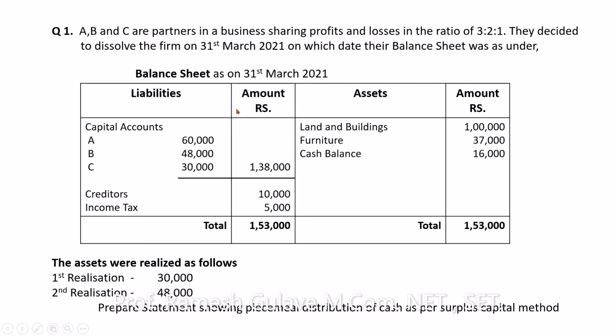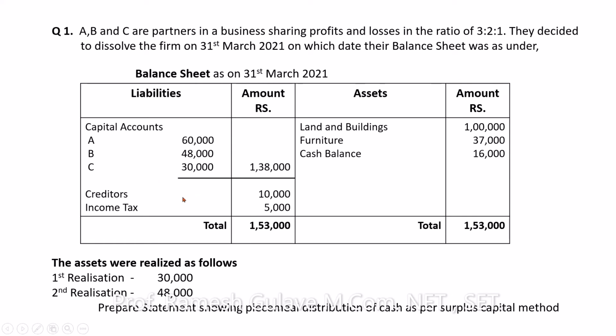Okay, so one more time I would like to tell you that in this process of piecemeal distribution of cash, we have to pay the liabilities, right? And that's why make sure that you make a column for every liability in the order which is given in the Partnership Act itself. Okay, we have to follow that order while making payment to various liabilities, right?